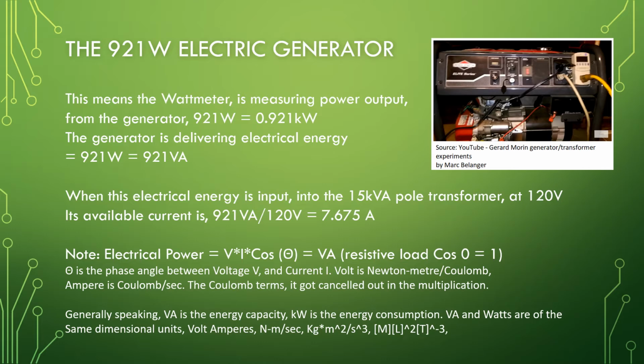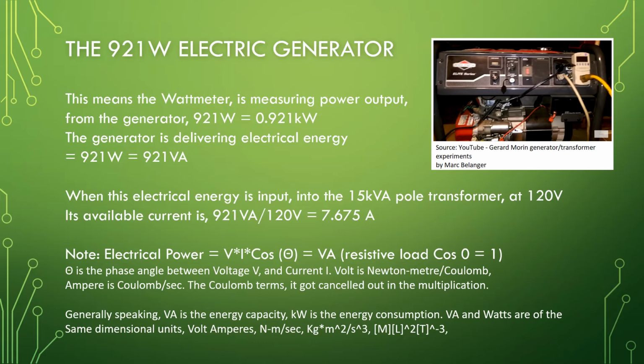When this electrical energy is input into the 15 kVA pole transformer at 120 volt, its available current is 921 VA divided by 120 volt, equal to 7.675 ampere.